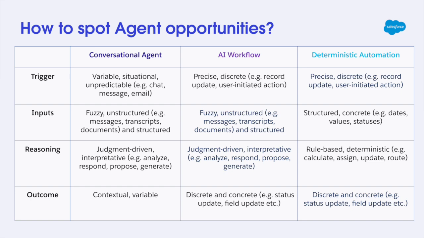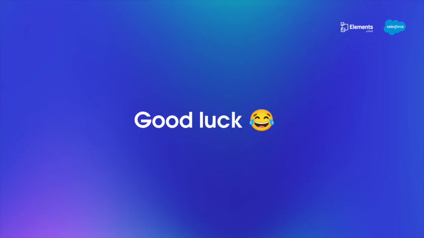However, if the trigger is precise and discrete, for instance, and I'm going to show you this in a second, maybe there's a status update in your system that would normally trigger a human to perform some step, maybe that's something we can use an AI workflow for. I'm not going to walk you through all these rules. I've seen a lot of you have taken screenshots of that already. But the point is, good luck.